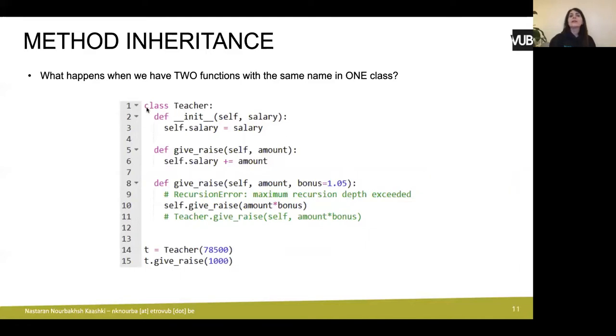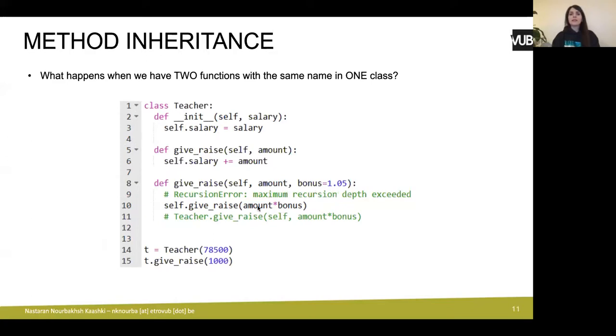Look at this. This is a class teacher, sorry. It has a constructor. It's creating an instance variable. And it has one function, give raise, amount. It's adding that amount to salary. It has another function, give raise, amount plus bonus.